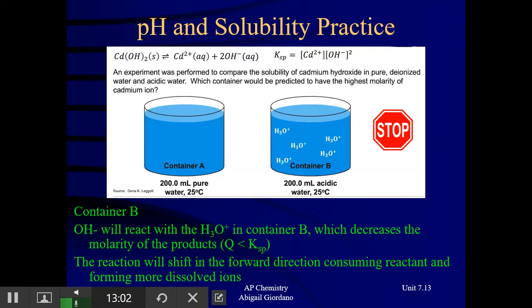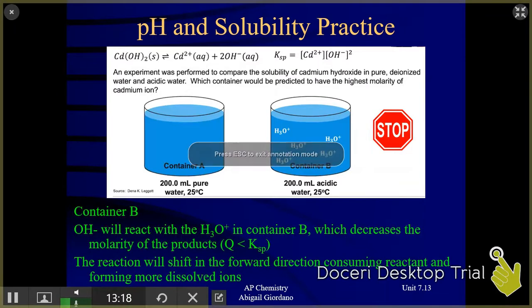So the point is, ladies and gentlemen, cadmium hydroxide, that solid salt, will dissolve more readily in container B than in container A. So container B is going to give me, again, we were focused specifically on this guy, a higher molarity of the cadmium ion, because there's going to be a shift in container B where there isn't in container A.